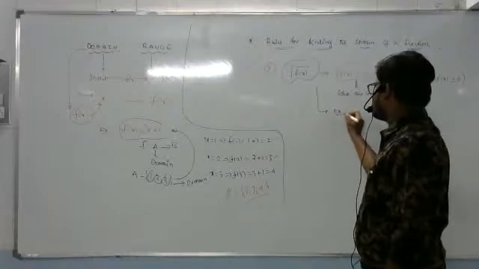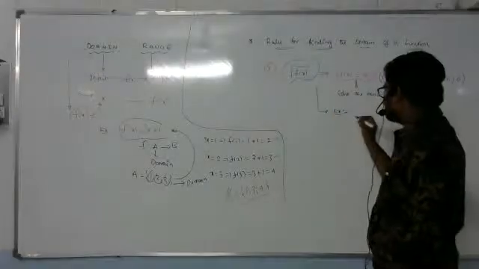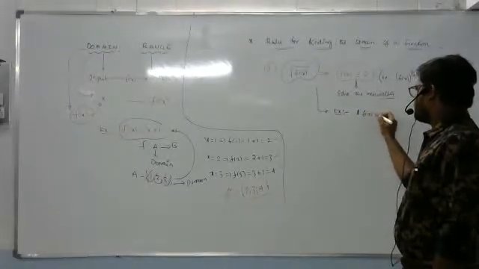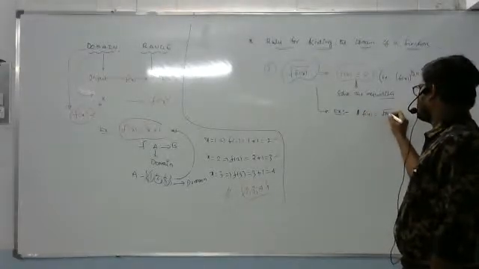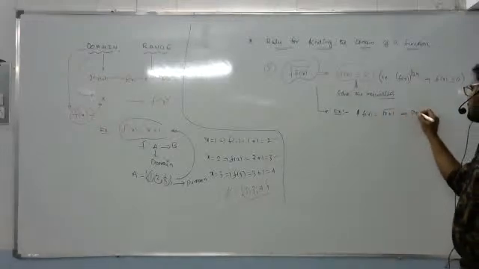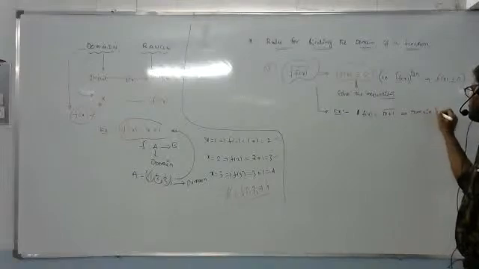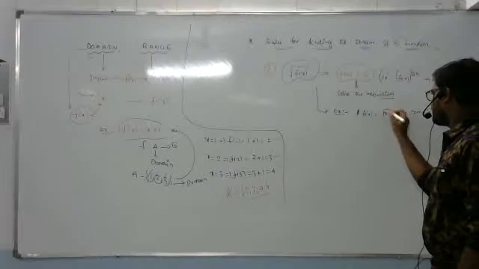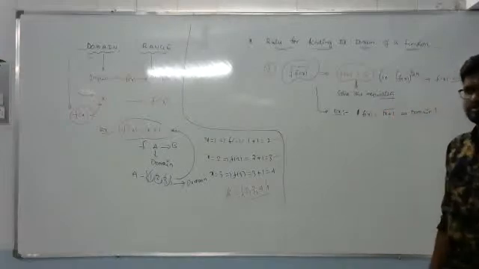Very simple example. I gave you that f of x equal to root of x plus 1. Now I want to find out the domain of this function. How do I do that? Just now I told you, when you have a root of anything, that anything should be greater than or equal to 0.